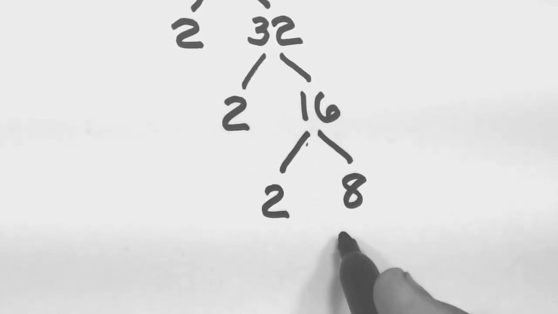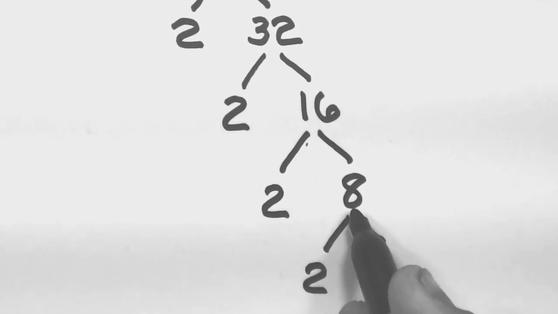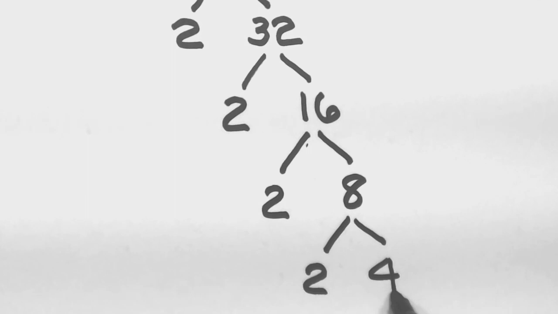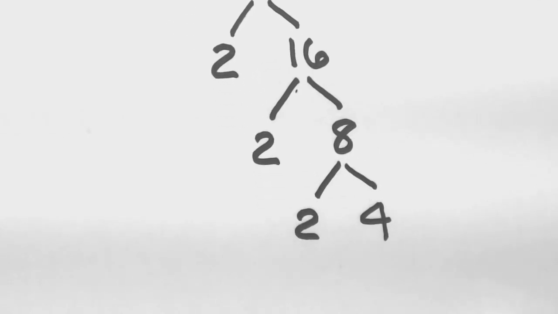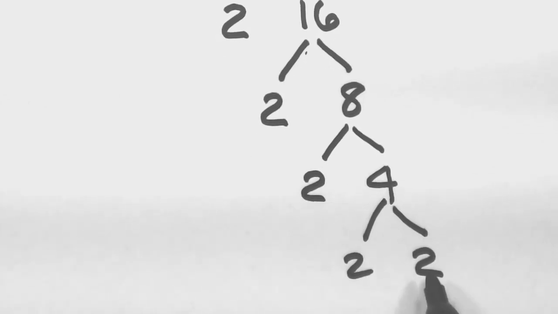Well, 8 also is even, so it has a 2 in it, so we keep pulling 2's out. 2 times 4 is 8. Well, guess what? 4 is still even, so we keep pulling 2's out of it here. Put a couple of branches down. Well, 2 times what equals 4? 2 times 2. Well, we finally got to the point where the number in our bottom right is prime.